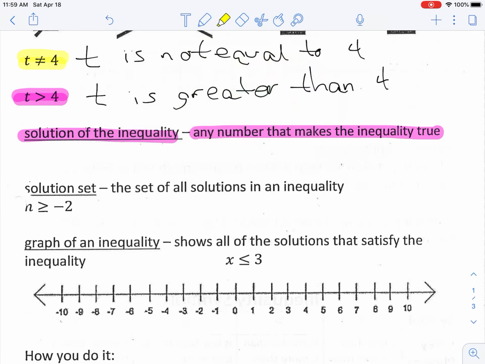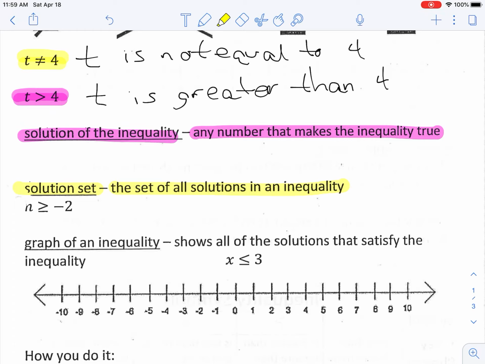Solution set is a little bit different, because with equations you can only have one possible solution for your variable, but with an inequality you can have multiple solutions. So the solution set is the set of all solutions in an inequality.